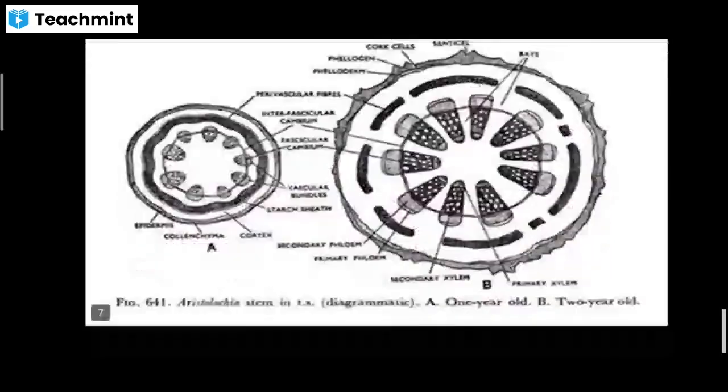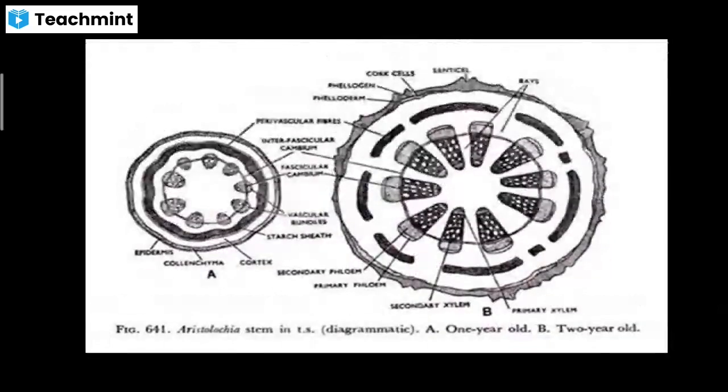Here are also pictures of the Aristolochia stem. In a one-year-old young plant, you can see just the starting development of the anomalous growth.